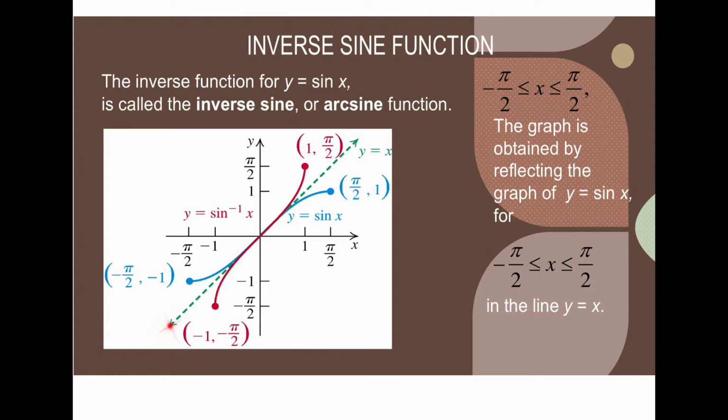As we reflect it across this line, we see the domain of the arcsine function is between negative 1 and positive 1, and the range goes from negative pi over 2 to pi over 2. Whenever we have an inverse function, the x's and y's simply switch places.